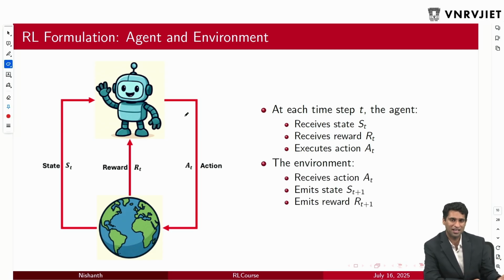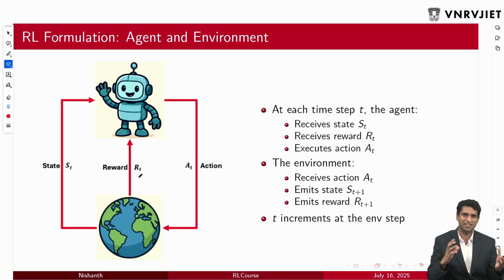The environment, on the other hand, receives this action from the agent. So the agent does some action in the environment, and the environment reacts by giving a new state and a new reward. One thing to note here is, once the agent takes an action, the environment updates the time step t to go to the next state and the next reward. So this is how an agent and environment interact together in a reinforcement learning setting.